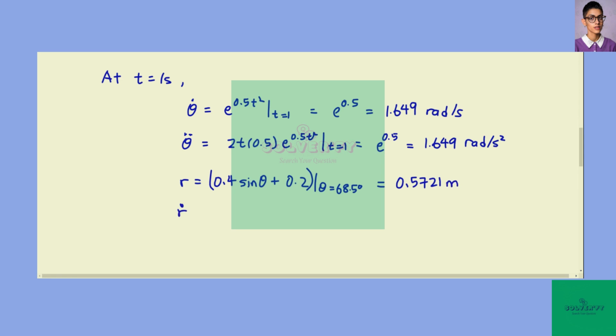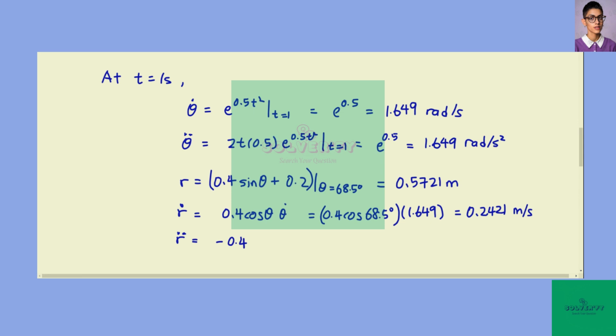Then r dot is 0.4 cosine theta times theta dot. At t equals 1 second, this is 0.4 cosine 68.5 degrees multiplied by theta dot 1.649, and you get 0.2421 meters per second.